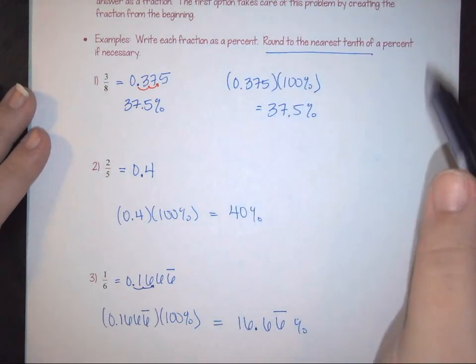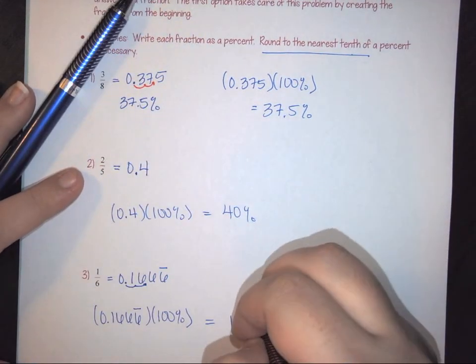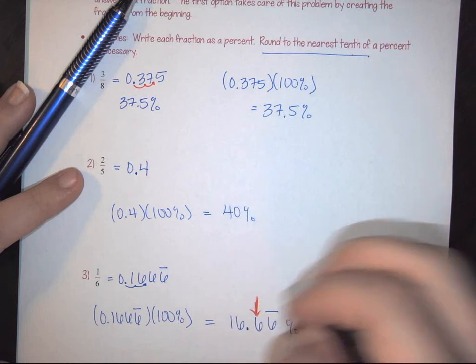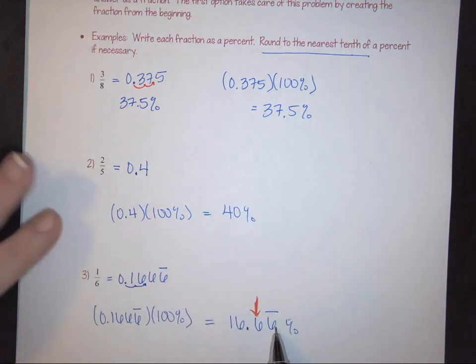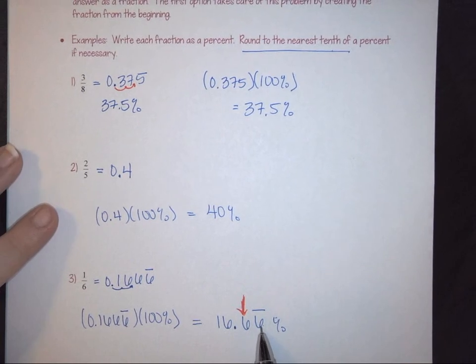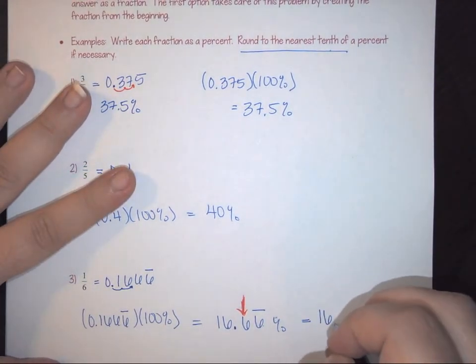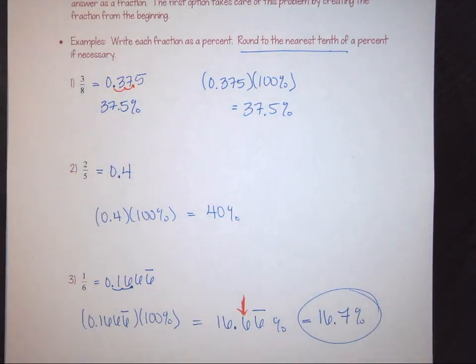So here we want to round to the nearest tenth. So that would mean we're rounding to this first place right here. So we're going to use this place next to it to tell you if we go up or down. Since 6 is greater than 5, this is going to round to 16.7%, and that would be your result. Okay?